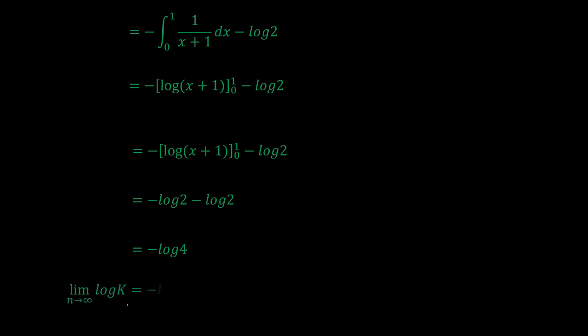Okay, so the limit of log k is equal to negative log 4, which is the same as log of 1 over 4, because the negative 1 going into the power there means that we have a quarter.